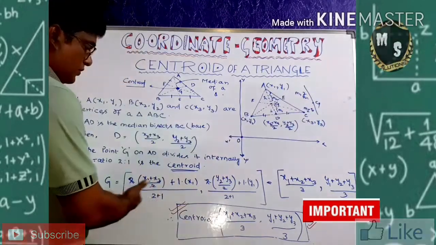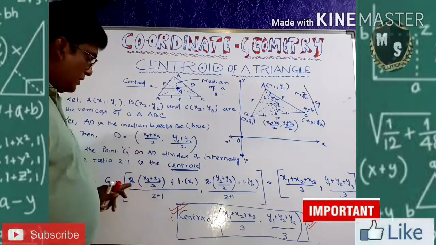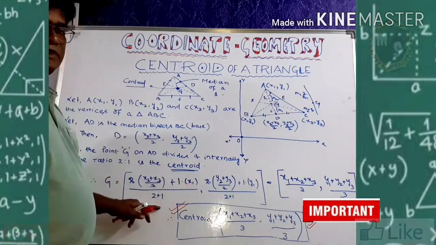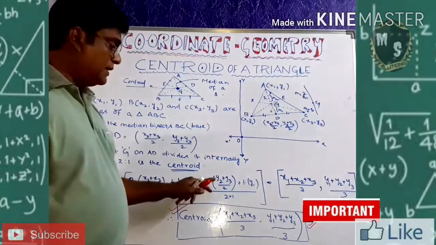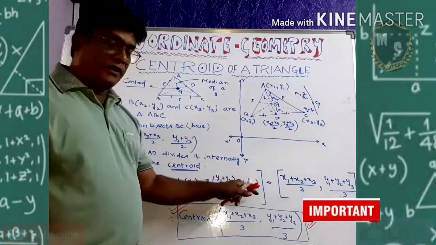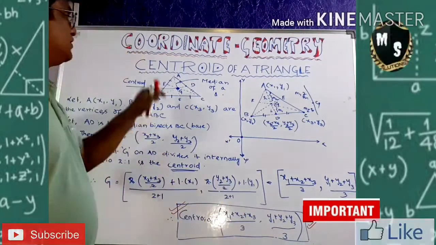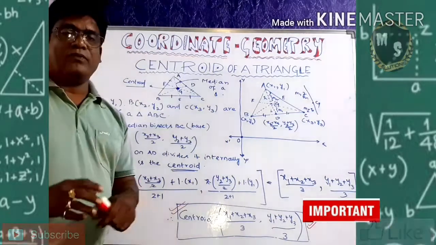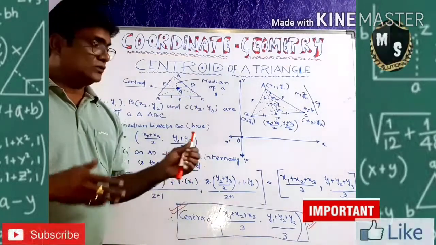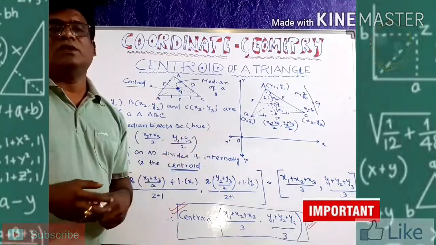By putting in the section formula, we get this formula for the centroid of the triangle. I hope you will practice the derivation, and practice the corresponding sums in the textbook.